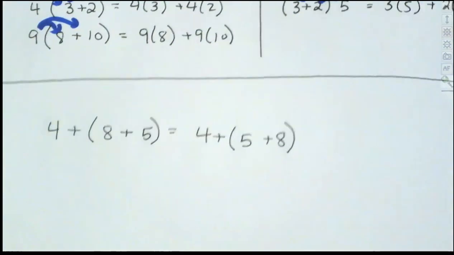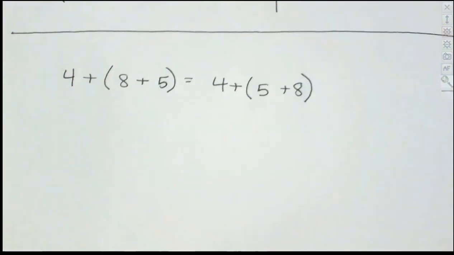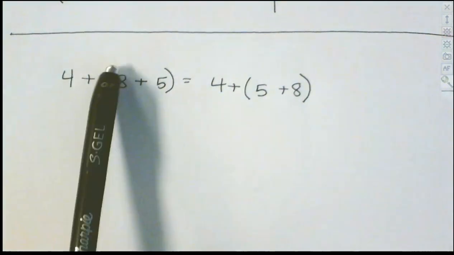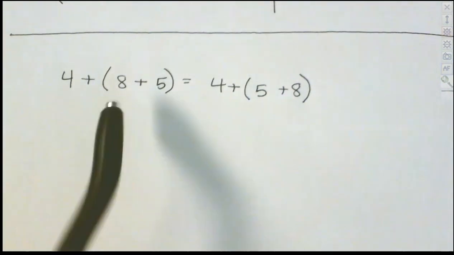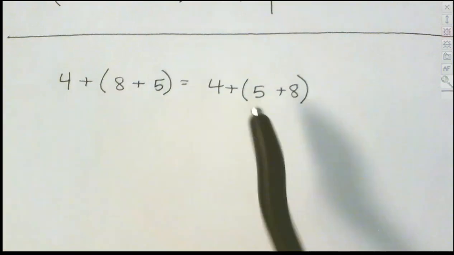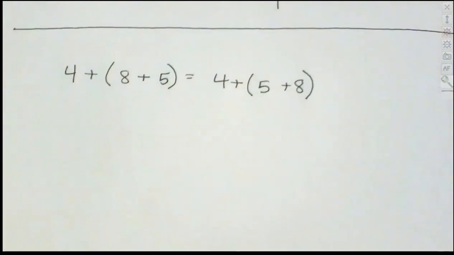Okay, so I picked this one to make sure we know the difference between the associative property and the commutative property. All right, now, first off, did I change what was grouped together? No, because on the left-hand side, 8 and 5 are grouped together, right? Right-hand side, same thing. What did I do?